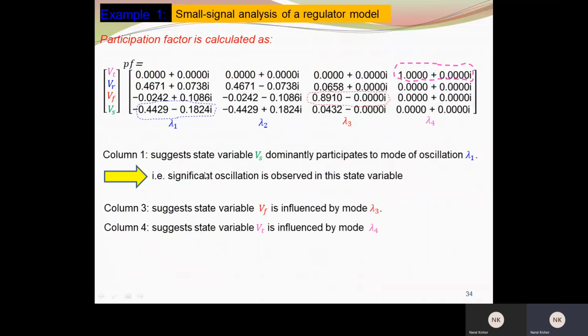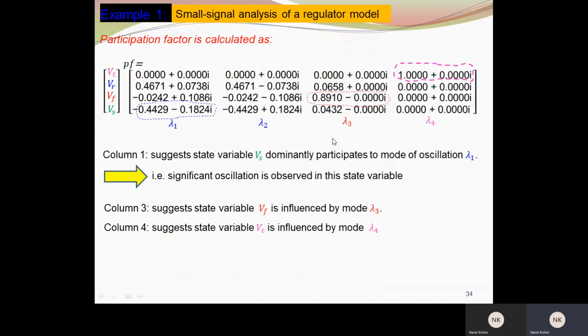And thus we can say that this state variable is associated with significant oscillations, and it is the state variable Vs which is more likely to have the oscillation of the mode lambda 1.